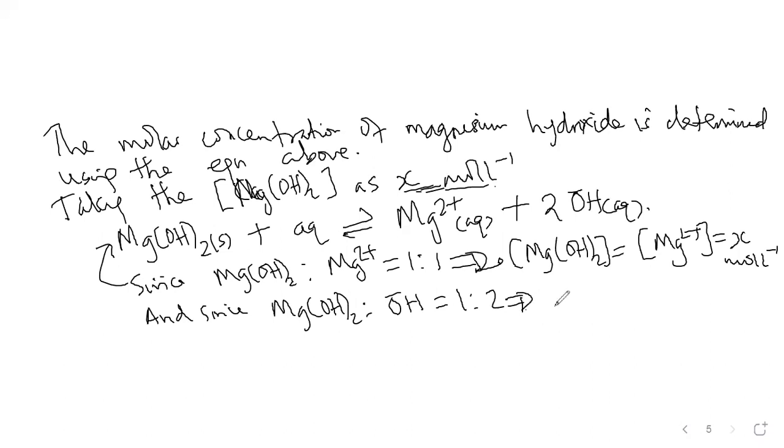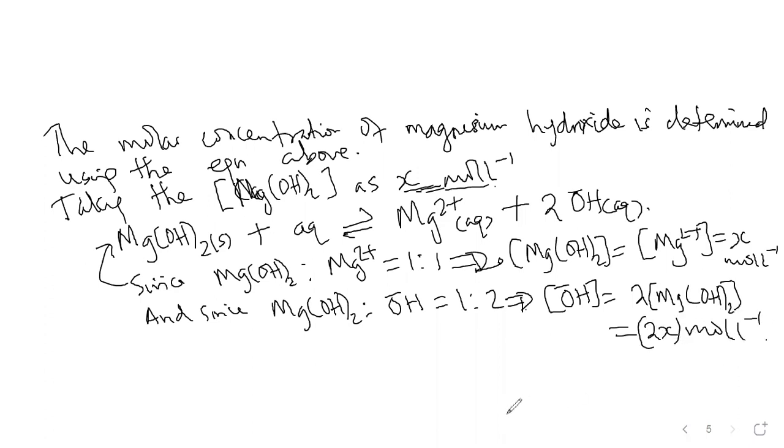What does this imply? This implies that the concentration of hydroxide ions is equal to twice the molar concentration of magnesium hydroxide, and that is equal to 2x moles per liter. The moment you know that treatment of results, things become very simple for you.